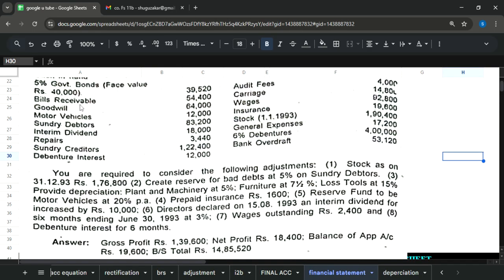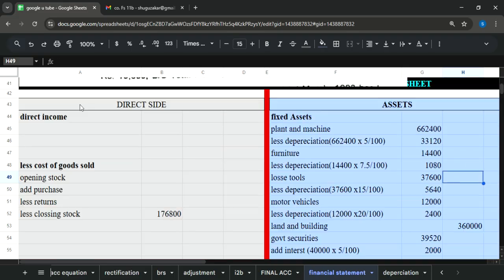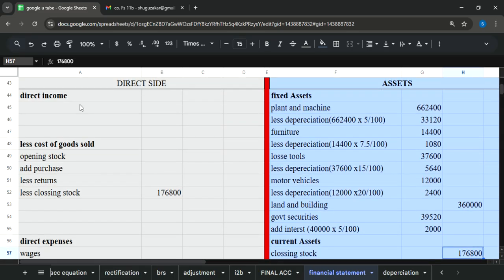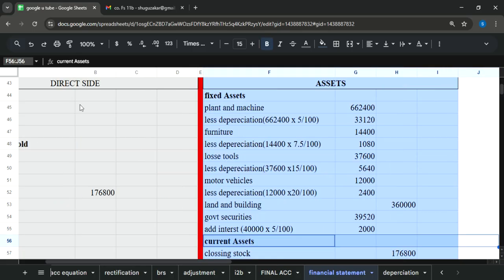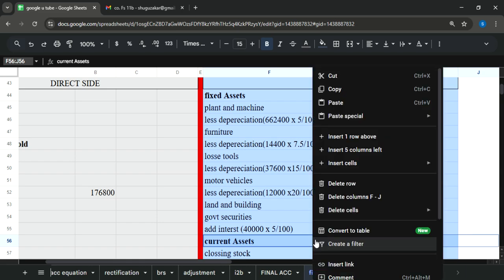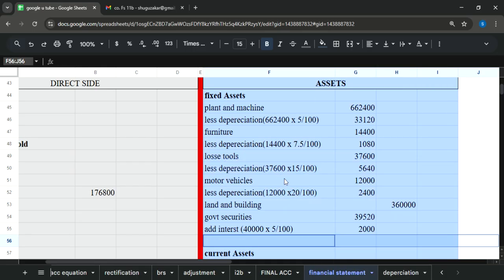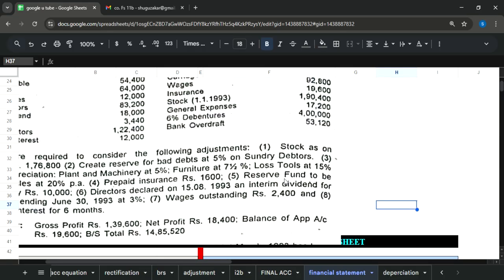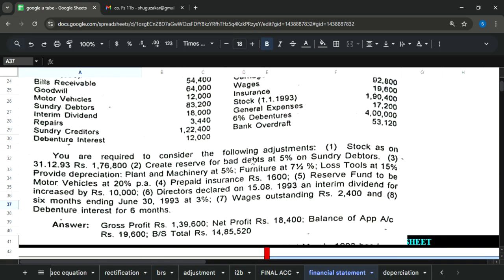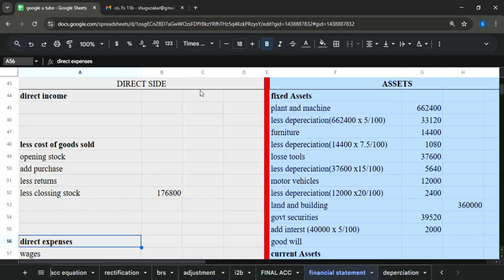Then goodwill, it's part of fixed asset, but we don't have the space, and after so many days we have to increase the space. It was not expected. So here goodwill would be recorded. Amount of goodwill is 64,000.